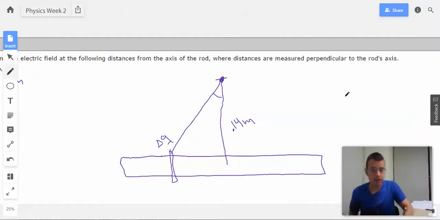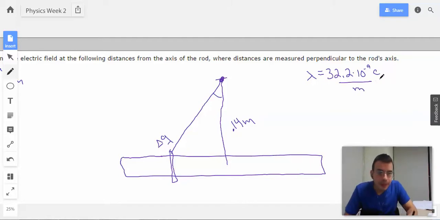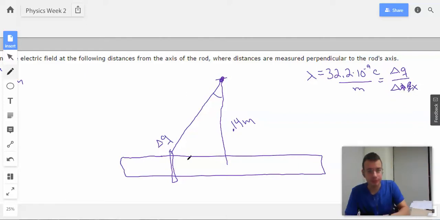So we have a lambda equals 32.2 times 10 to the negative 9th coulombs per meter, which is a delta Q per delta length. I'm going to say X. So this has a delta Q, it has a delta X associated with it. I'm going to call this a height H above the center.